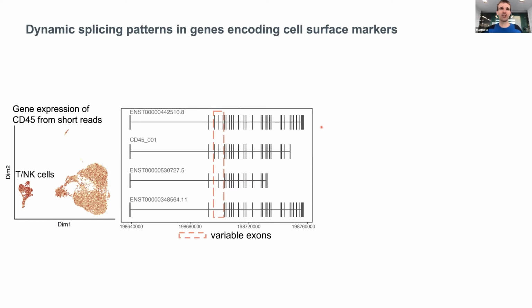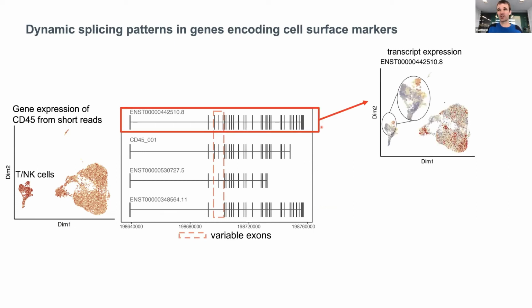If you then look at isoform level information, you can see that there are 4 main isoforms expressed, and the first of which seems to be more highly expressed in the B cells. But again, there's a subcluster of cells here that has higher levels of expression. And interestingly, we also ran a site-seq panel with this sample.